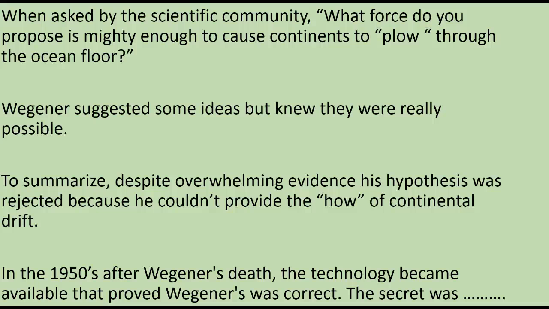Well, Wegener made a couple suggestions that we'll look at in class, but he really didn't expect them to accept the idea, and they weren't. The scientific community didn't accept his ideas of how the continents were actually moving. So despite his overwhelming evidence that the continents were once together, because he couldn't provide a mechanism of how they moved, his hypothesis was rejected.